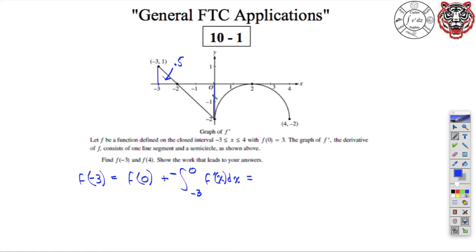Perfect. And what about this triangle here? 2 by 2 divided by 2? 2. And be careful here, it has a negative area. -2. All right. So what is our start though? Is there somewhere in this problem that tells us what our start is? What is f of 0? 3.